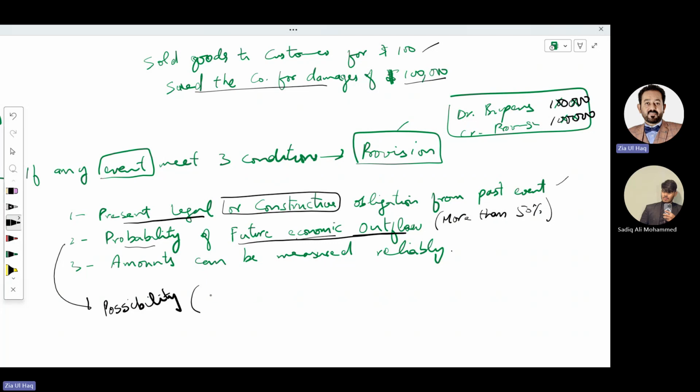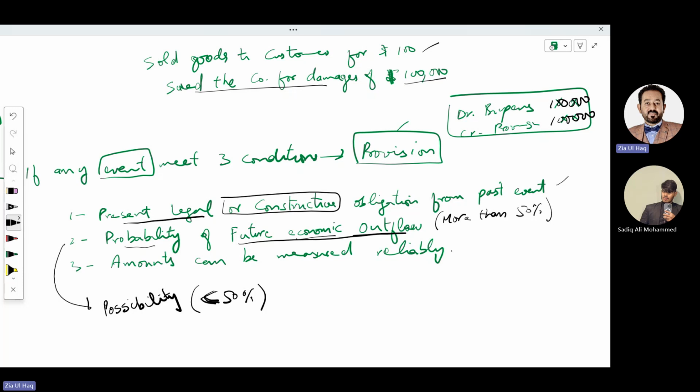When there is possibility, chances less than 50%, meaning there are more chances that the company will succeed. If chances are more than 50%, there are more chances the customer will succeed. And if there is a possibility, this condition is not met. If there is a probability, meaning chances more than 50%, this condition is also met.